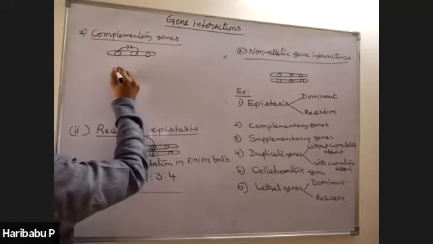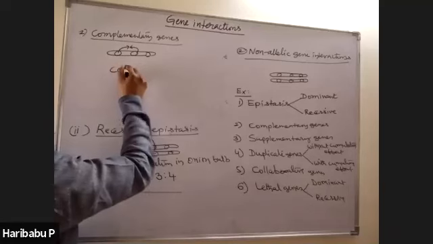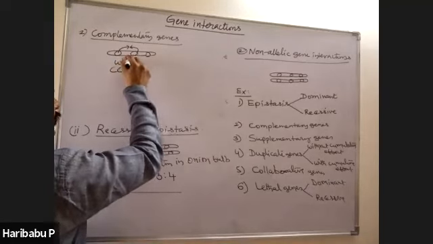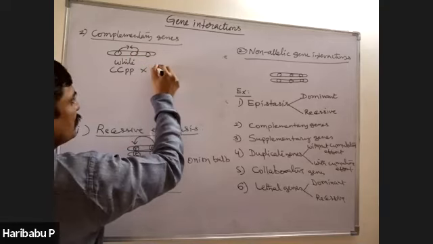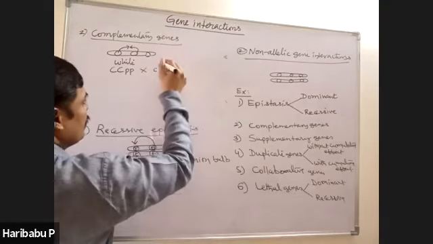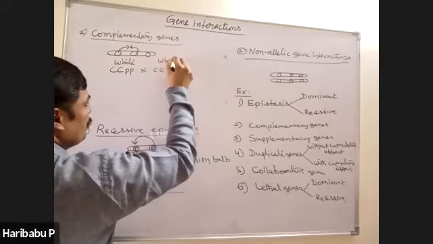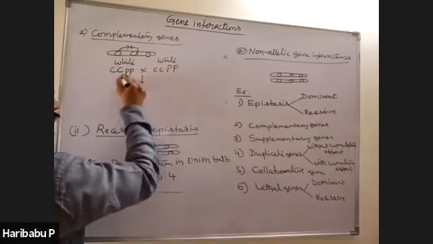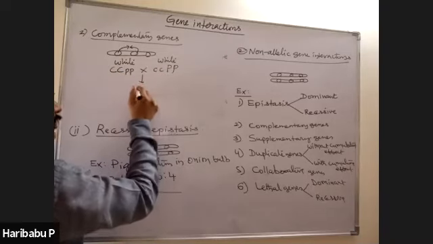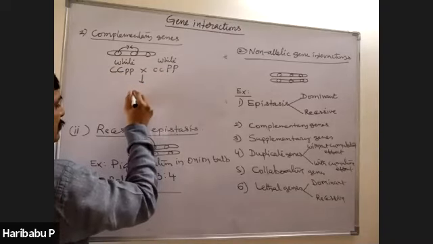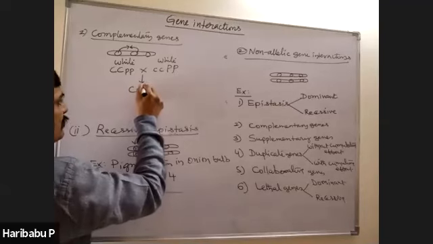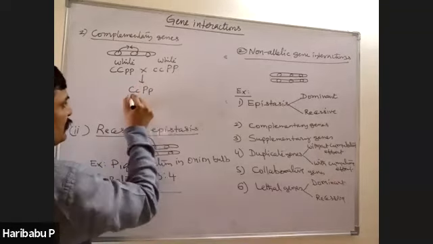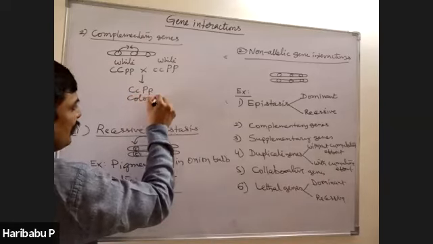For example, see, capital C, small p produces white color of the flower. Similarly, small c, capital P produces the same, that is white flower color. Now when both dominant genes interact and come into one individual, capital C, capital P, it produces a colored flower.